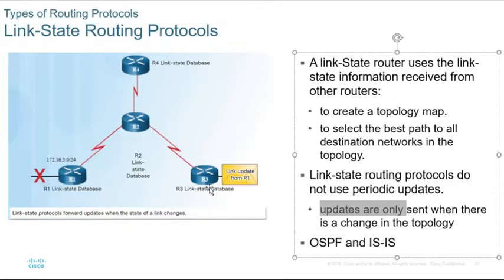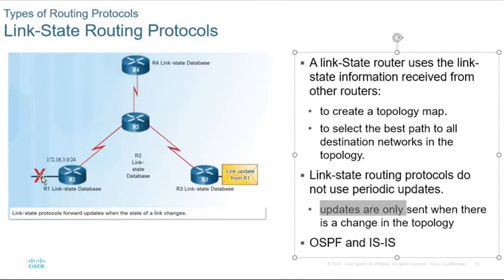For example, in this given network, everything is running well and you already run a link state routing protocol. They exchange information, but not periodically.